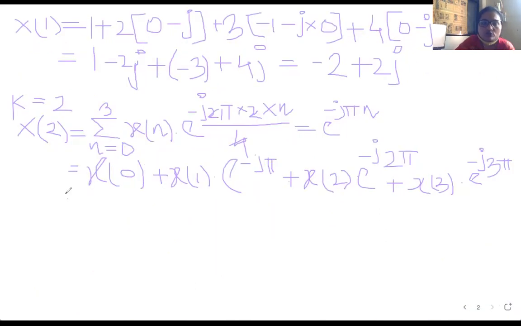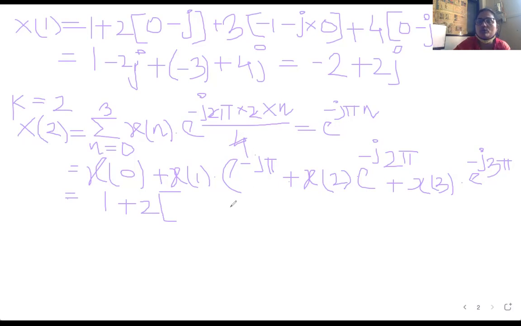So I'm going to substitute the values. x of 0 is 1, so 1 plus x of 1, which is 2, into the bracket. Now e raised to minus j pi, how do we represent this? This is a complex form, e raised to plus or minus j theta, which is represented as cos theta plus or minus j sin theta.